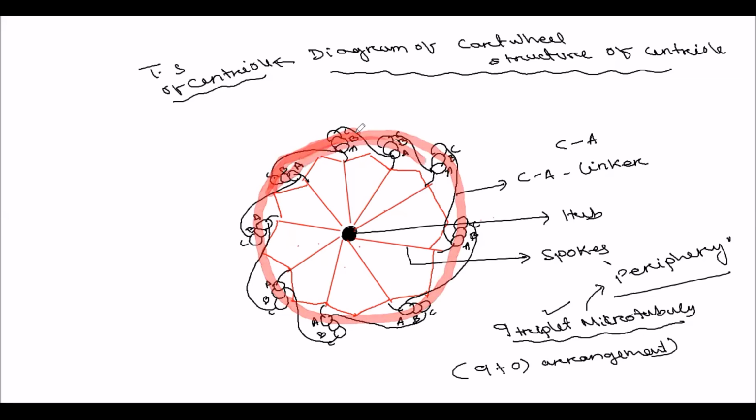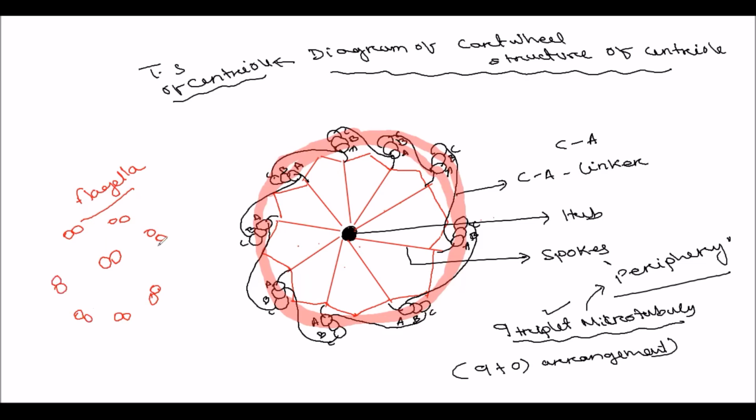That's why it is the 9+0 arrangement. Okay, but when we see the flagella, in the middle there is a presence of microtubules, and at the periphery the microtubules are present in pairs.